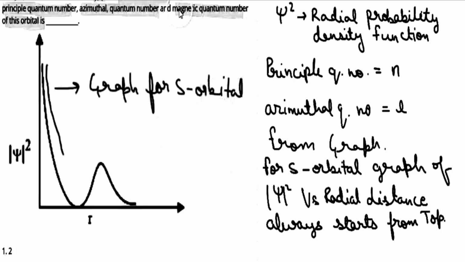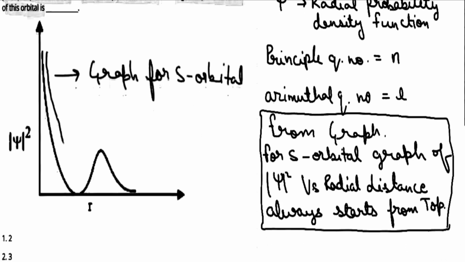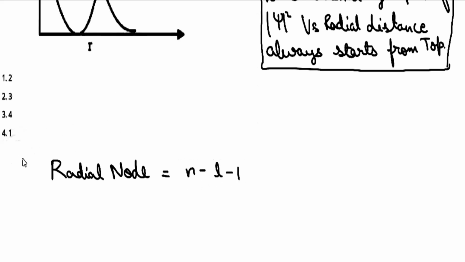Now the important point to be noted over here is written. The formula for radial node is equal to n minus L minus 1.